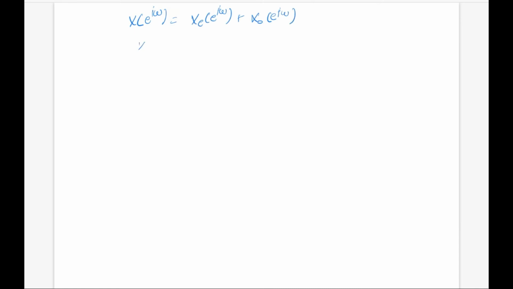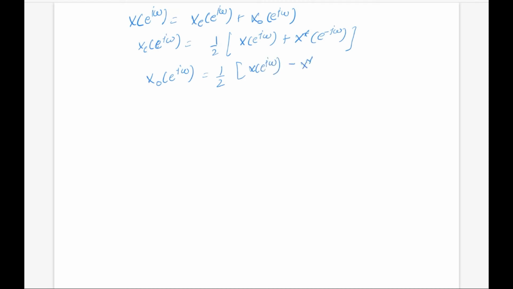Again, the conjugate symmetric part can be written as this, while the conjugate antisymmetric part can be written as this. Notice there is a minus sign in these two terms here.